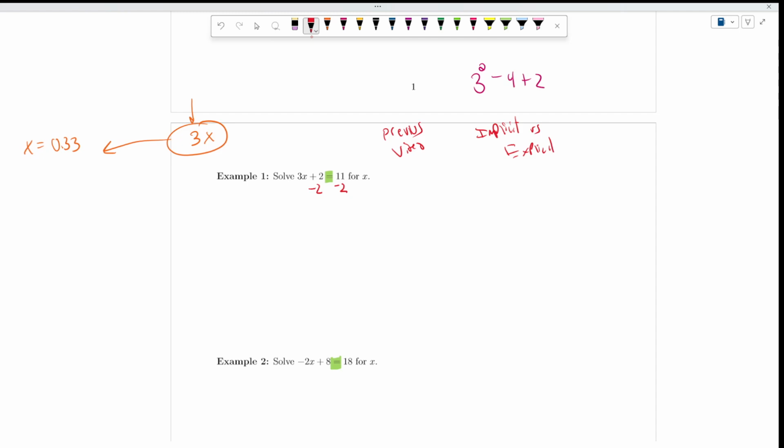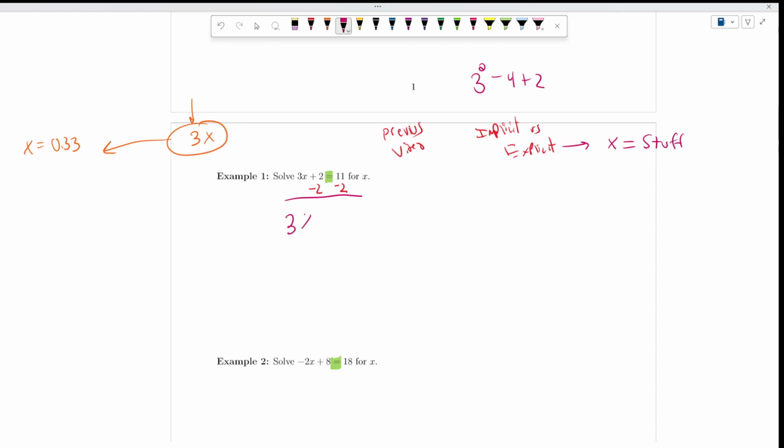There are no other variables in here, but it kind of looks closer to implicit, because x isn't by itself. We want to get it into that explicit form, which is x equals stuff. That's exactly what I'm going to try to do, which is why I'm subtracting 2 to get x by itself as best as I can.